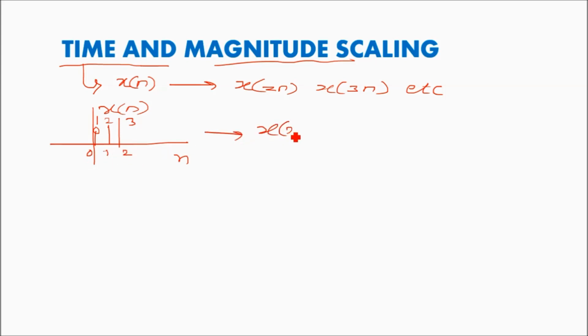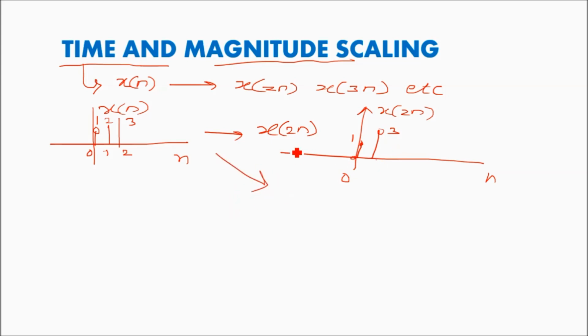Then for x of 2n, you put n equal to 0, the value is 1; put 1, the value at 2 is 2; then 3. So this is x of 2n. This is called time compression, and if it is x of n by 2, then this is called time expansion.